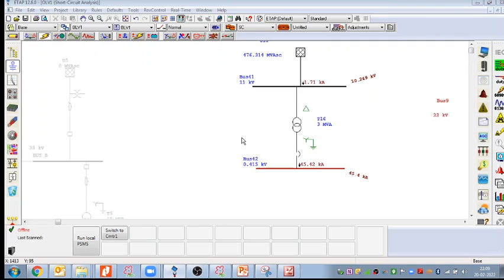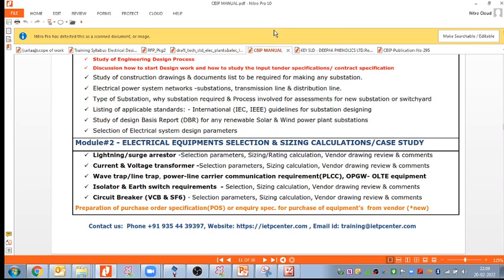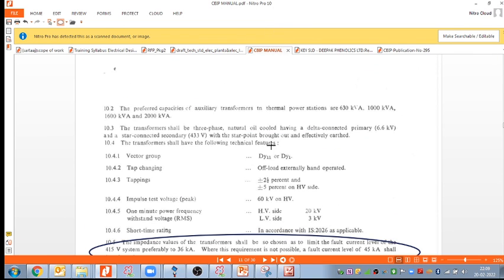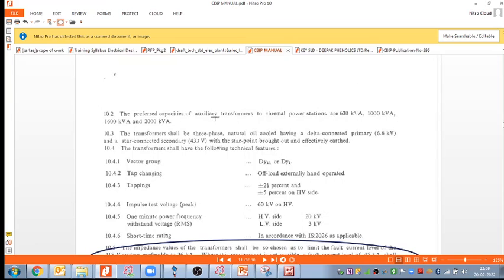No, this is not Celis. I don't think they are telling that. Let us see, because that is linked with the market switchgear availability. Let us see here. The preferred capacity of auxiliary trafo in a thermal power station is 630 kVA, 1000 kVA, 1600 kVA, and 2000 kVA. So they are telling only up to 2 MVA rating, but yes, we can go to more than 2 MVA also.